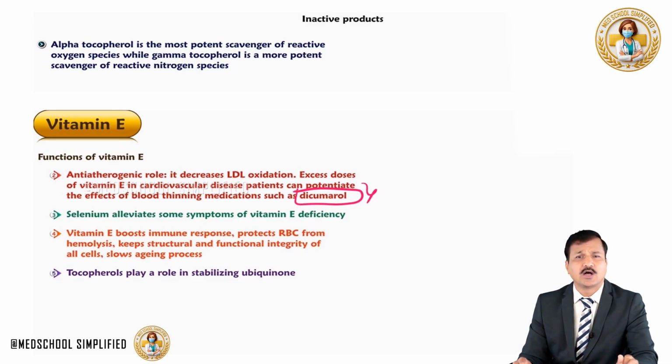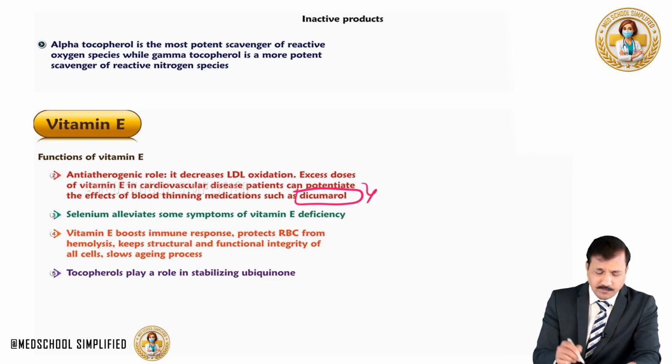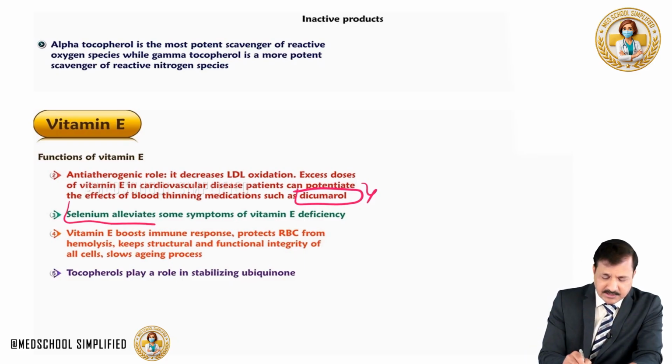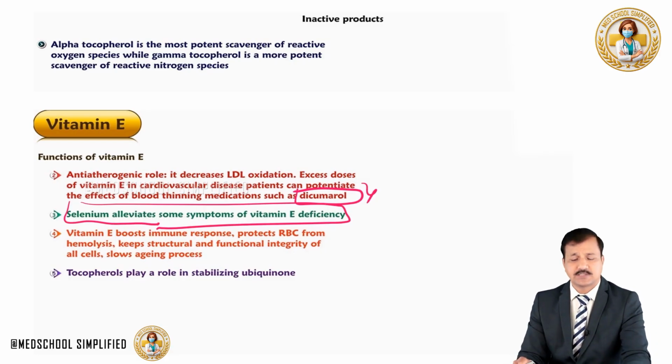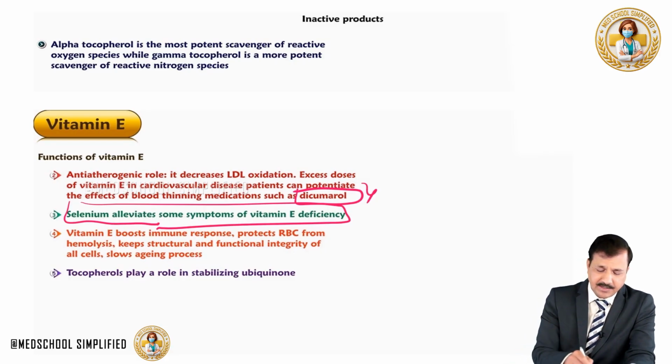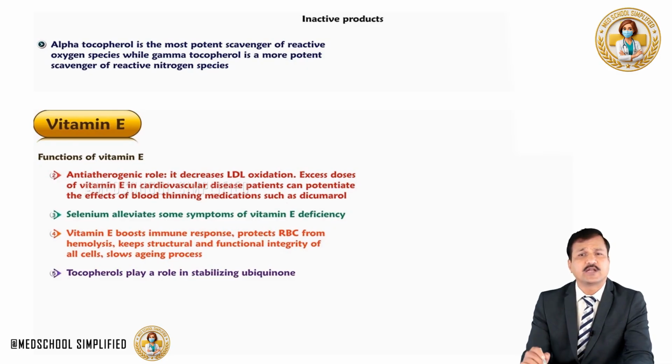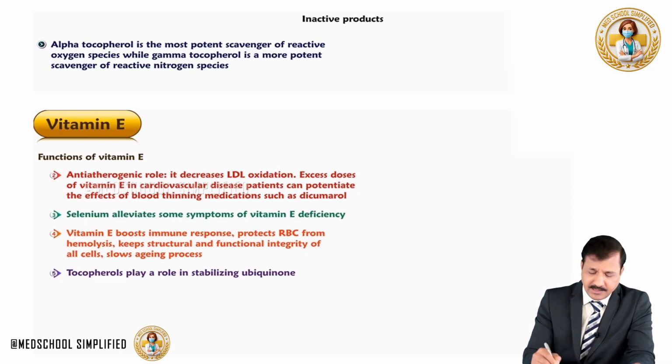like Coumarol or warfarin. And also, supplementation of selenium can alleviate some of the symptoms of vitamin E deficiency, because selenium is part of one of our enzymes which is involved in neutralizing hydrogen peroxide, and the name of the enzyme is glutathione reductase.